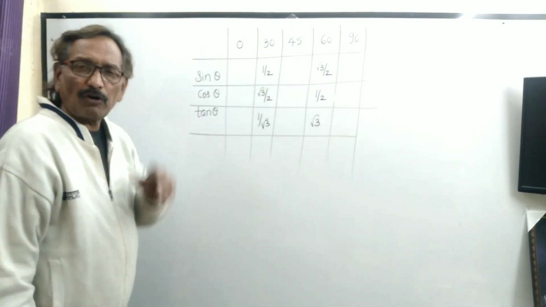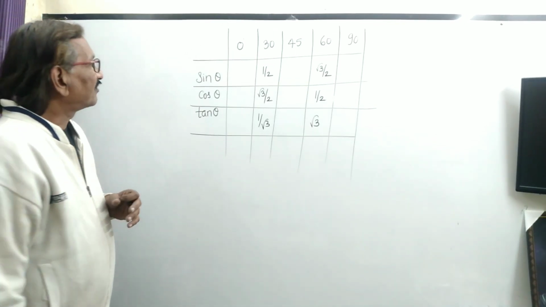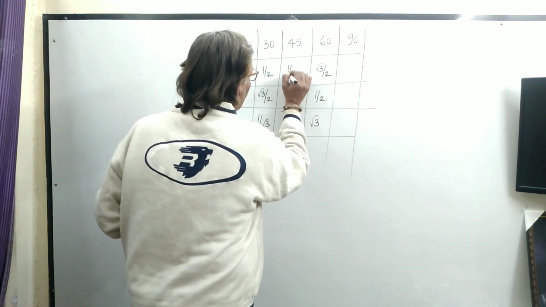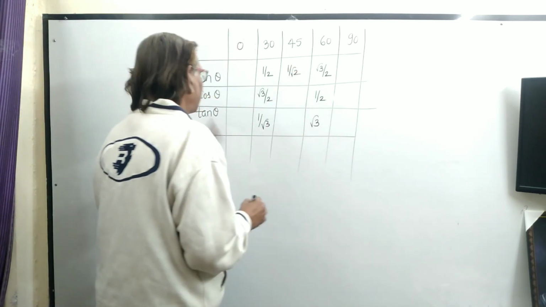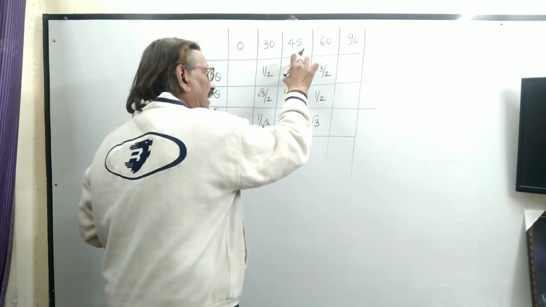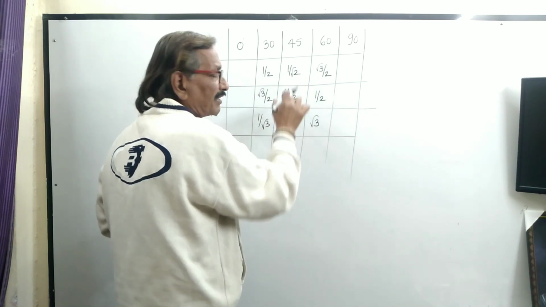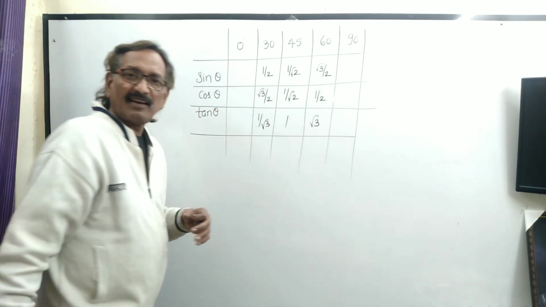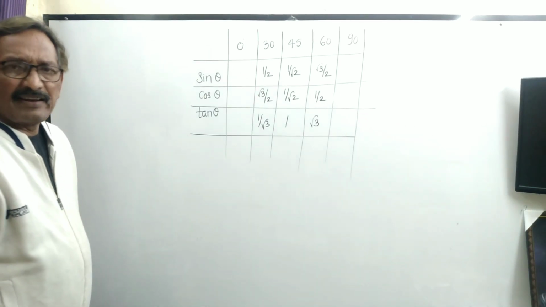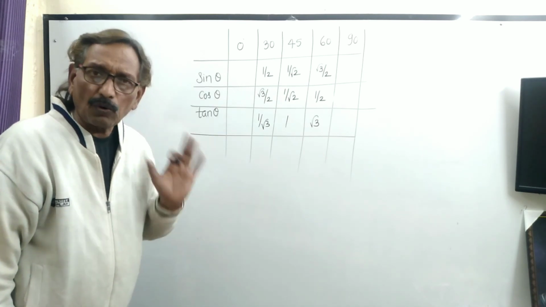Now we'll move towards 45. One thing we need to remember here is sine and cos 45 is 1 upon root 2. Same thing for cos, 1 upon root 2. Sine upon cos, same number as numerator and same number as the denominator, you get 1 as the answer. Now the last thing that you need to understand here is, understand a number 0, 1, 0.